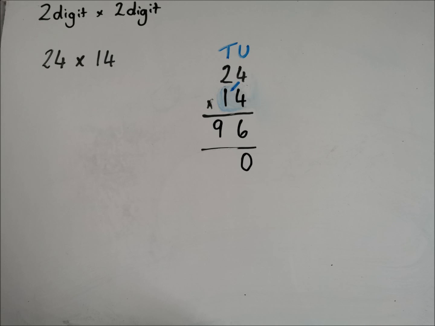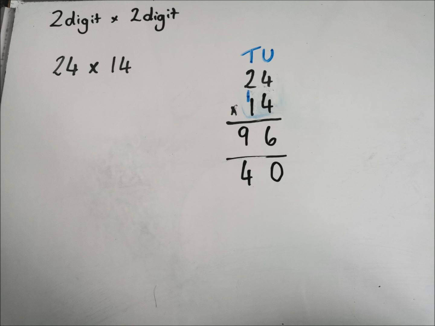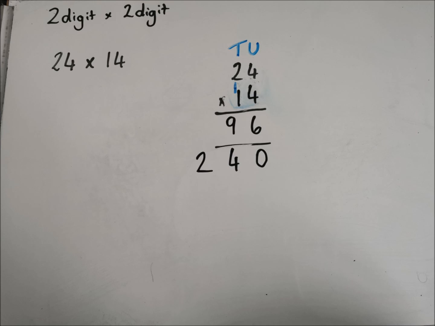So first of all, we do 1 multiplied by 4. We go back to the units and do another crisscross sum there. So 1 multiplied by 4 is 4, and we pop the answer in the tens column this time, underneath the 9. The next part is then the 1 multiplied by 2 in the tens column, and that is 2, so we make a new column, a hundreds column, and we write the 2 in there.